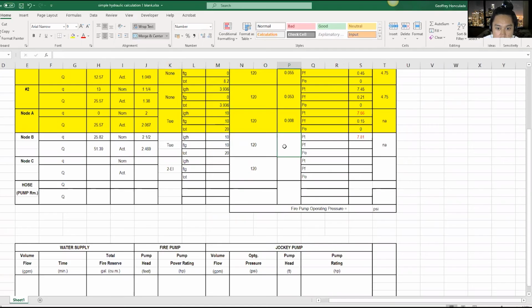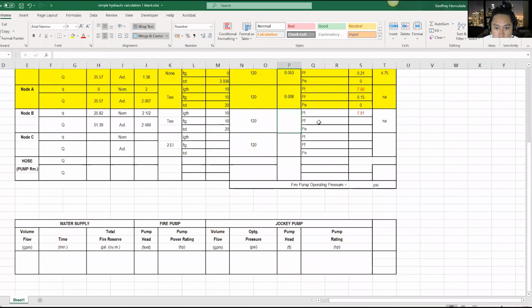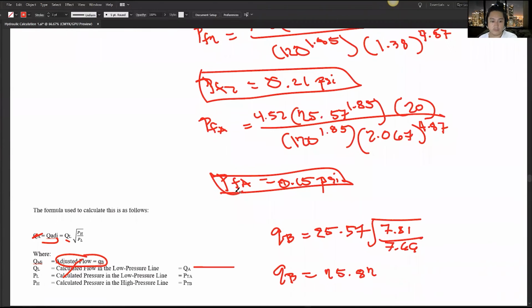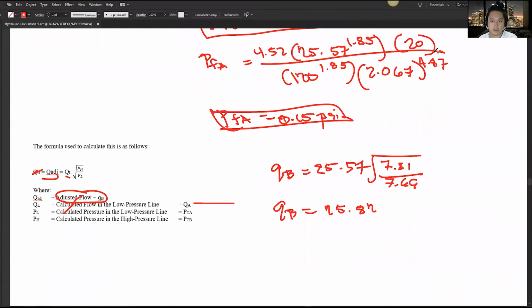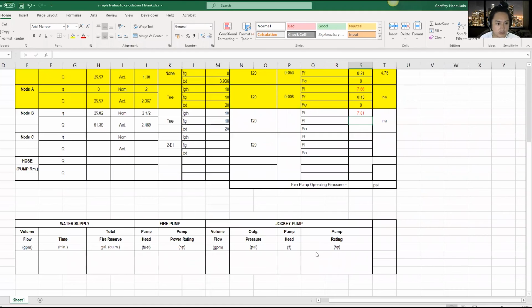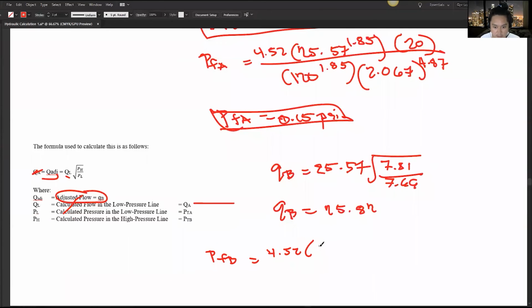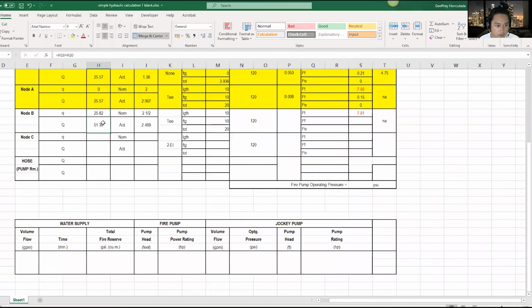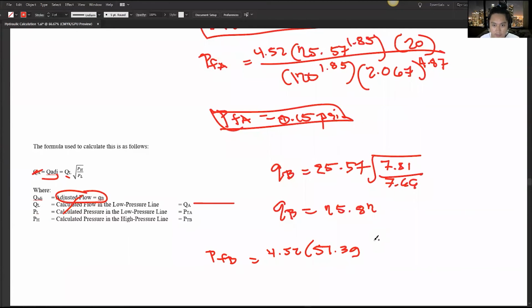And we can now solve for PF. PFB is equal to 4.52 times 51.39 raised to the power of 1.85.